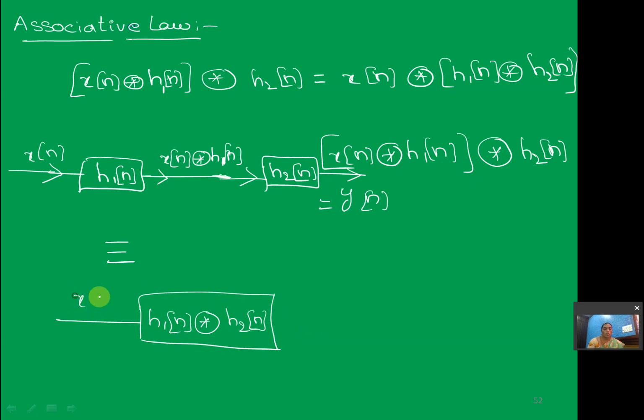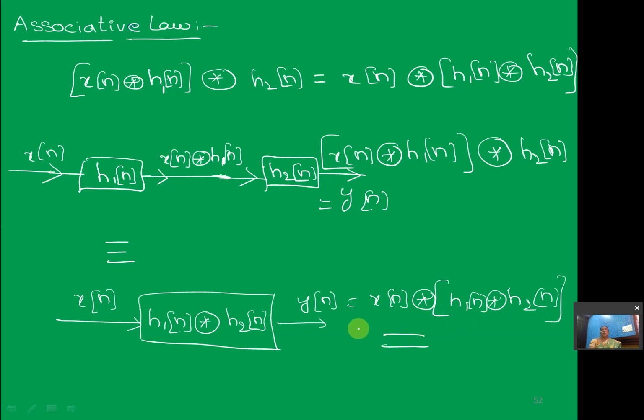Now just apply the input to the system, and you can get the output as x of n convolved with all the system responses' convolution. So now this is the answer. By using the associative law, there is no need to calculate step by step like this. You just convolve all these.